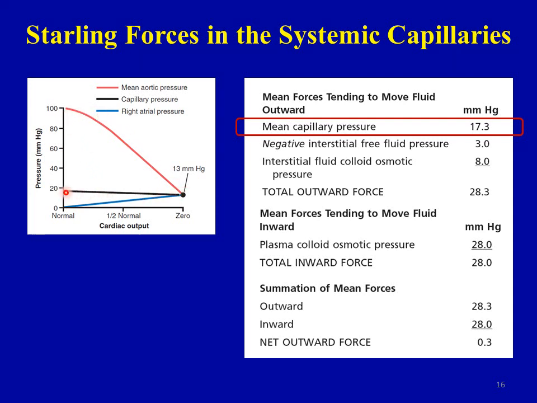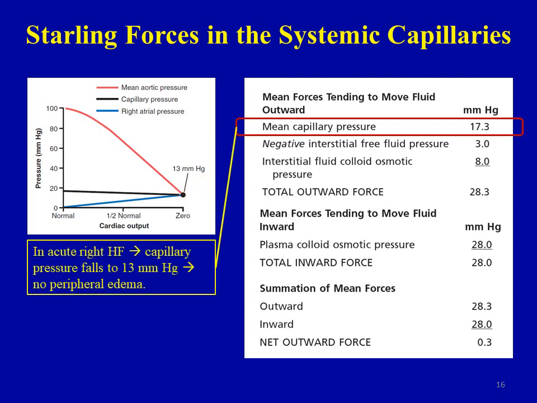The capillary hydrostatic pressure will drop from 17.3 to 13, and the right atrial pressure will increase from 0 to 13 millimeter mercury. So in acute heart failure, the mean capillary pressure falls to 13.